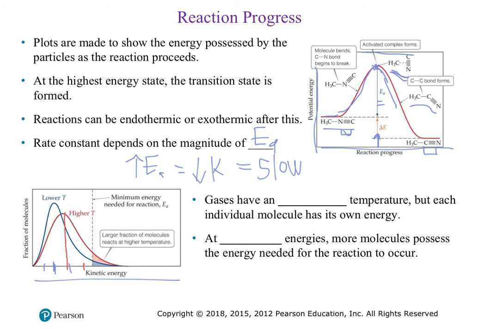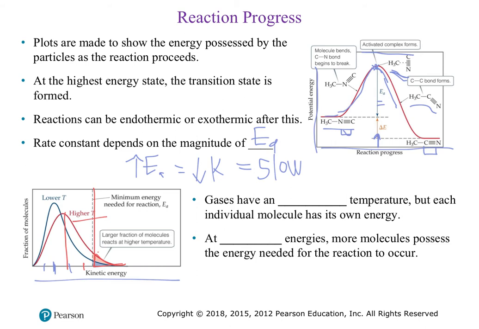If we plot our kinetic energy like this and then put a line where the activation energy of our reaction is, anything above that line means those molecules can react, can go over this transition state, and can form products. So when we're at higher temperatures, we have a bigger amount of molecules that are shaded above that line that are able to have that reaction happen.